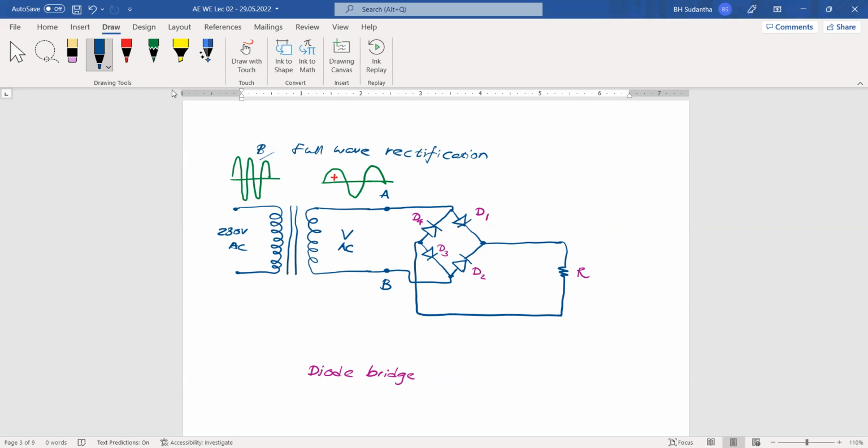After coming to this point, again it has to go to point B. Actually, the voltage is coming this way, so to complete the cycle, it should go from point A to point B. When the voltage sees this path, it goes through D1, forward biasing D1, and comes through R. When it comes to this point, to go to point B, it can go through D3.